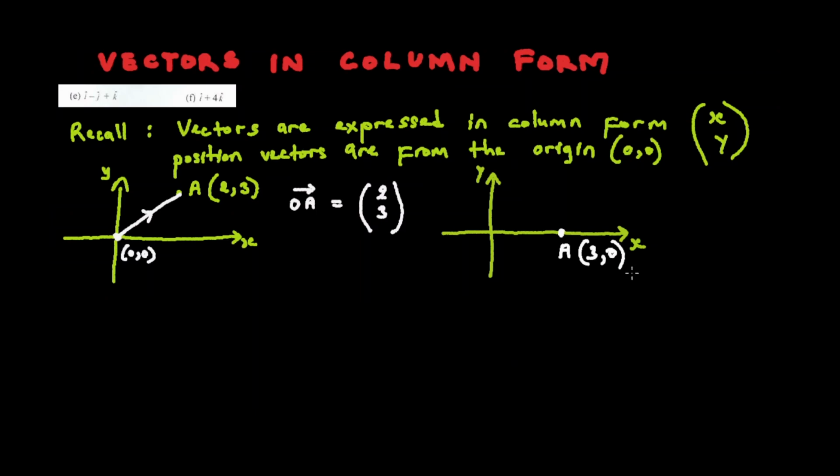So what is happening here now is, teacher connect a line from origin to A. This is the direction. OA inenge equal to 3, 0.